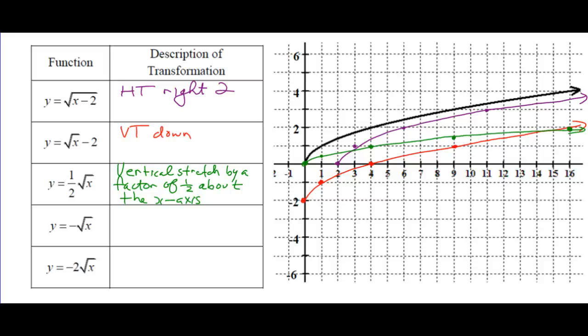Okay, negative root x. Reflection in the x-axis, right? So anytime we use the word stretch or reflection, we say about. You're stretching about or reflecting about a line. Although we'll just say reflection in the x-axis.